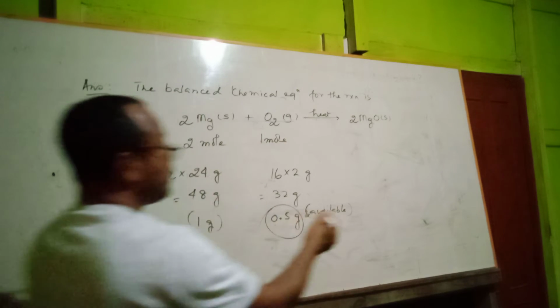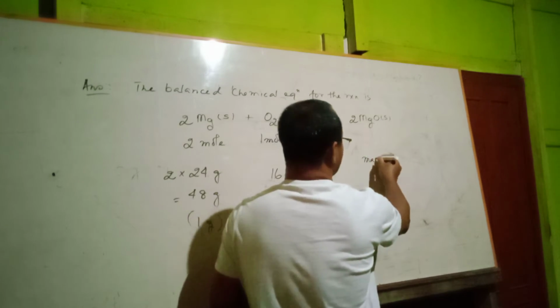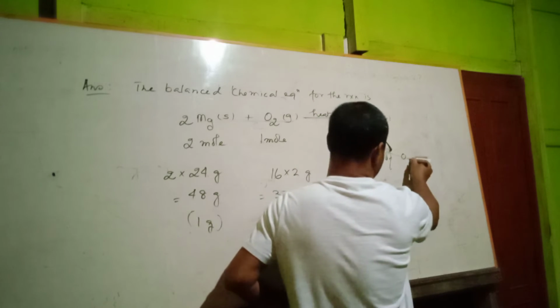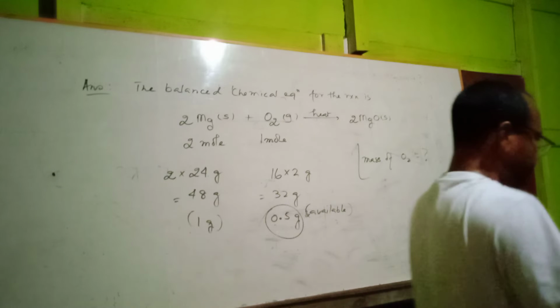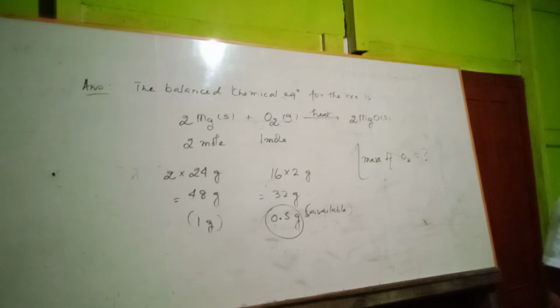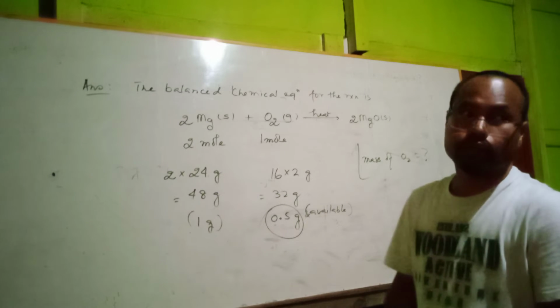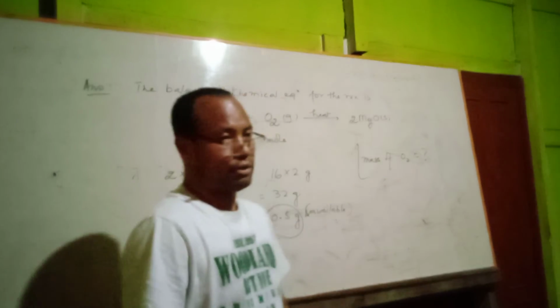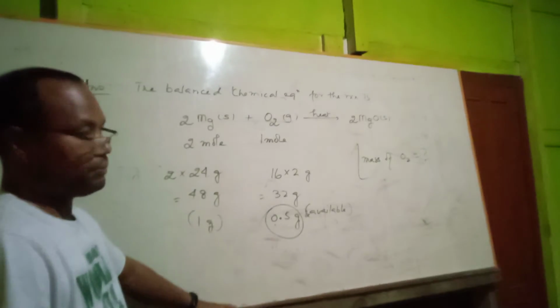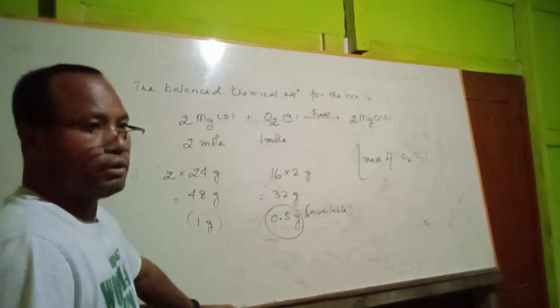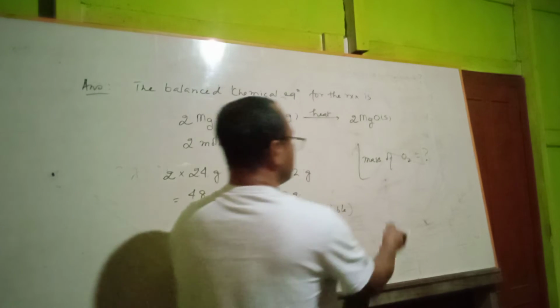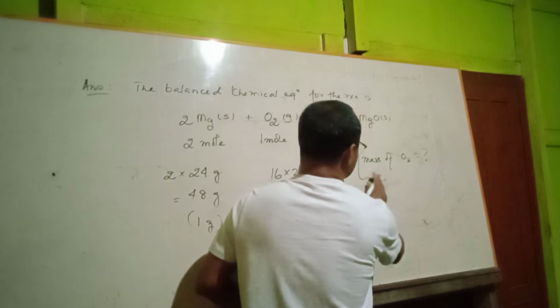So let me find out the mass of oxygen from the given mass of the magnesium. You write in your copy on the right side. Let me write the mass.